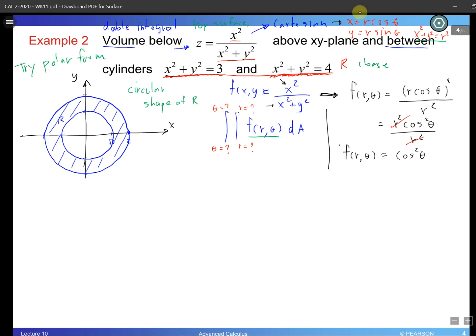So we have this multivariable function in terms of r and theta ready to be used. Okay, so with this, we can complete this double integral in polar form. Once again, double integral. Function is cosine theta squared, and dA, you know it's r dr d theta.